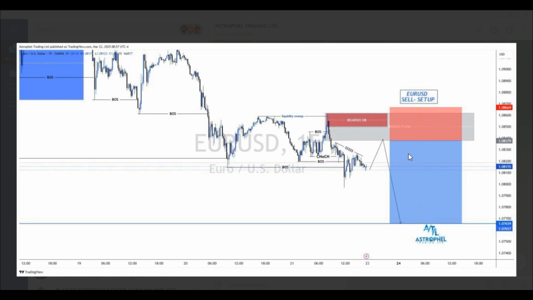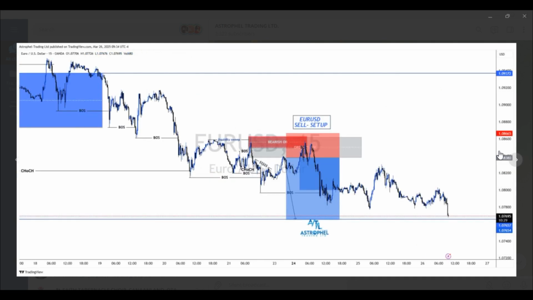So in this market, what was the end of it at the end of the day? Everybody see what happened to Euro USD. Euro USD actually played out the way we wanted it, and we have won this trade. So guys, this is how you are possibly going to be measuring your own risk reward as well.